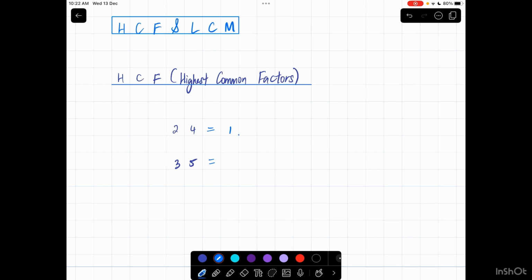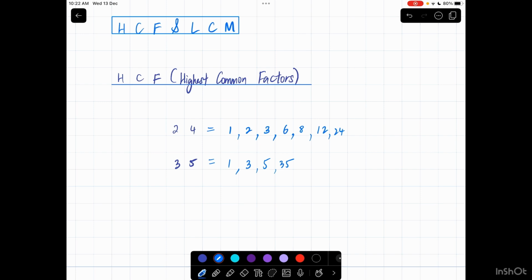For 24, we have 1, 2, 3, 6, 8, 12, 24. And for 35, we have 1, 3, 5, and 35.